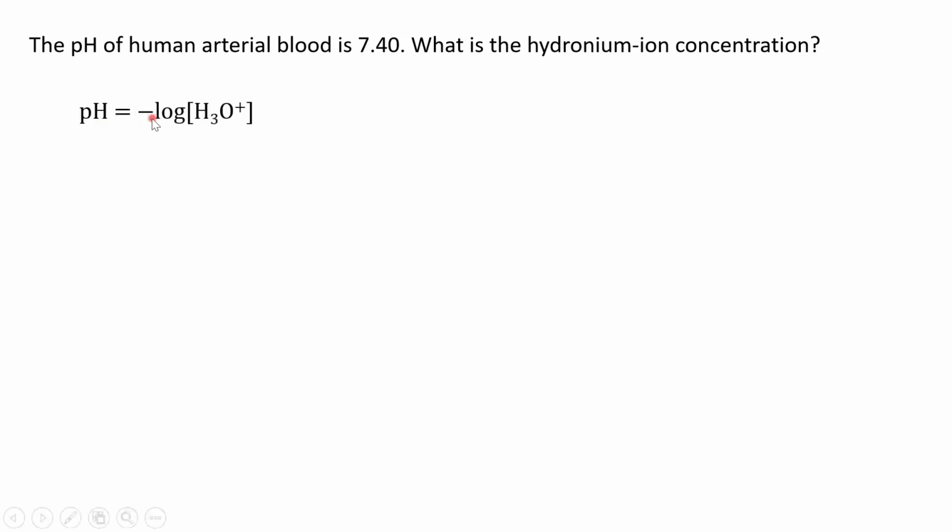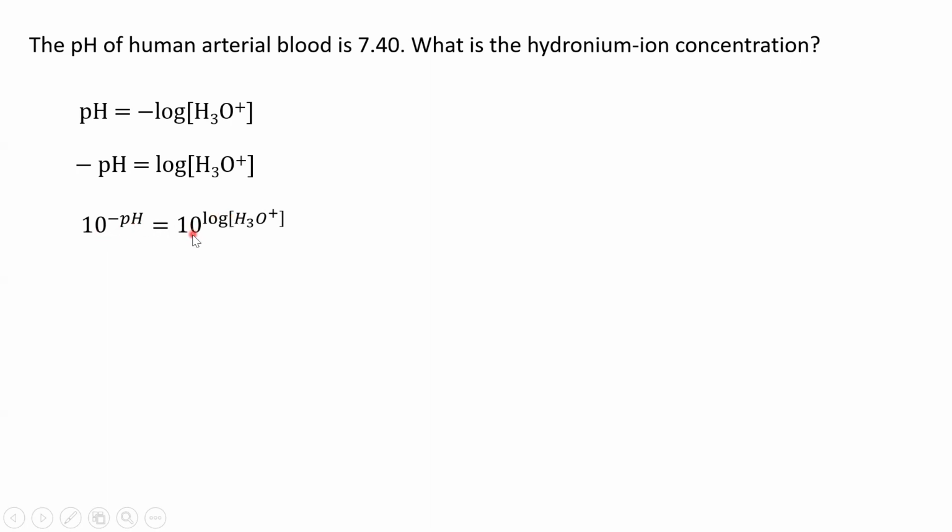Well, we know that pH equals the negative log of the hydronium ion concentration. And if you look at the log function on your calculator, the second function of that button is a 10 to the x button. That's essentially the opposite of logs. So what we would do is multiply both sides by -1, and then 10 to the negative pH equals 10 to the log of the hydronium ion.